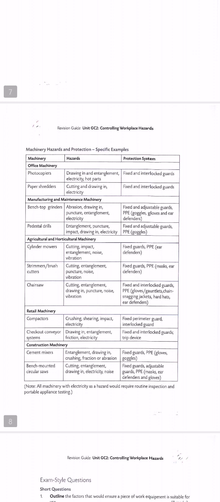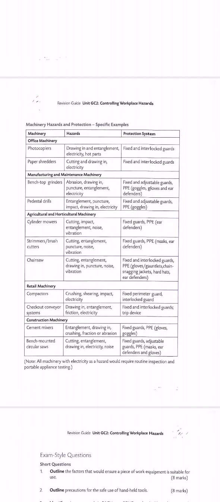So we're talking about machinery hazard and protection, right? Like a photocopier. Photocopier, what are the hazards? Drawing in and entanglement, electrical or hot parts. Fixed and interlock guard. Then we're talking about a paper stapler. Cutting and drawing in, electrical.